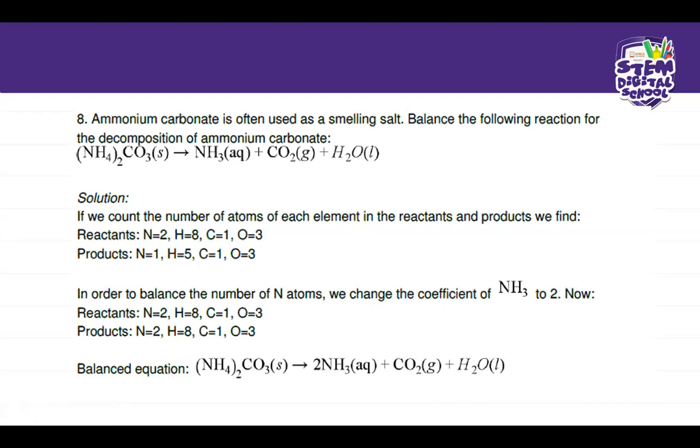So this one was also quite a simple one where you just change one thing that fixes the whole equation. Okay? So our balanced equation is going to be as stated. We just added a 2 in front of the ammonia. And then we have our answer.